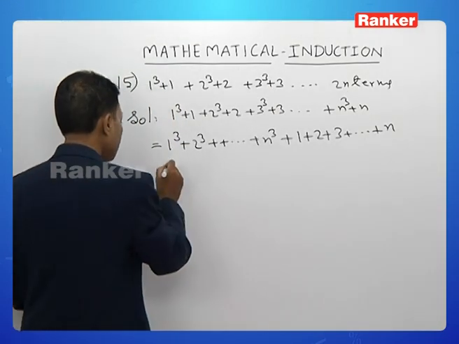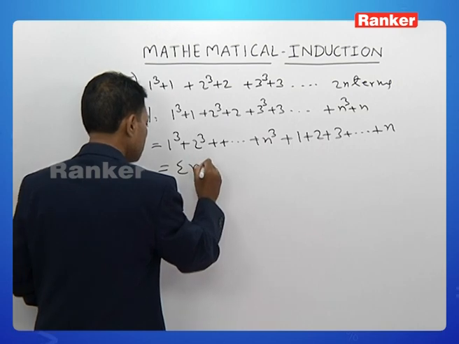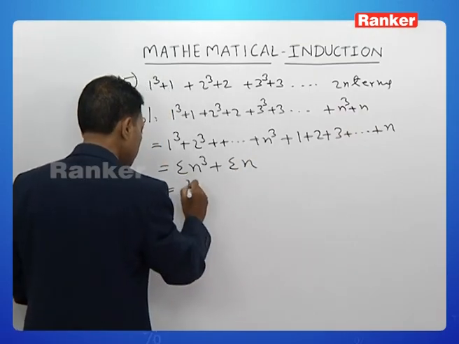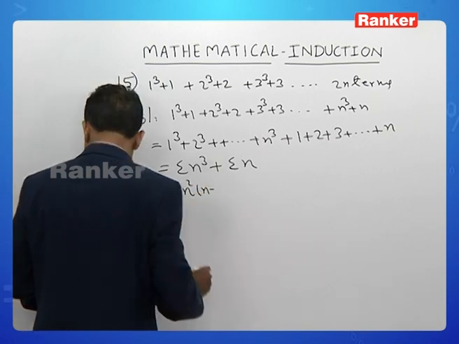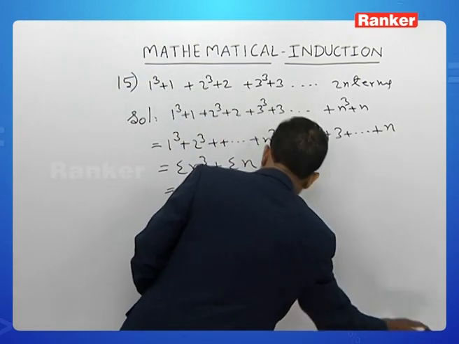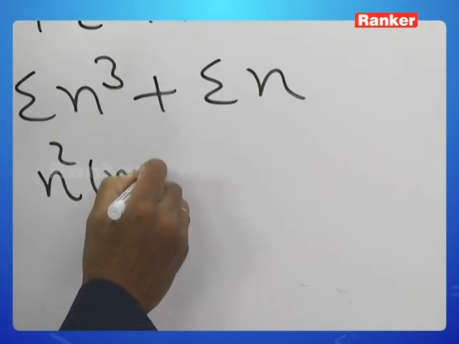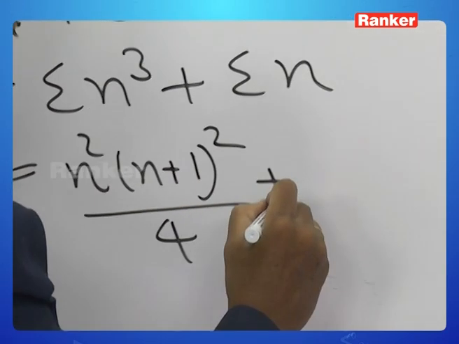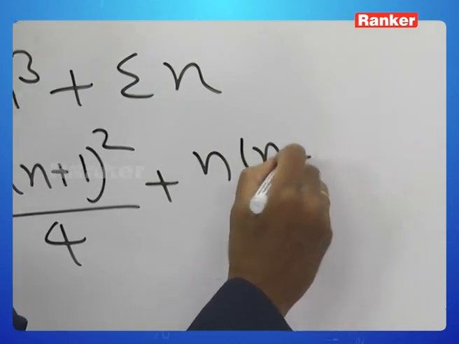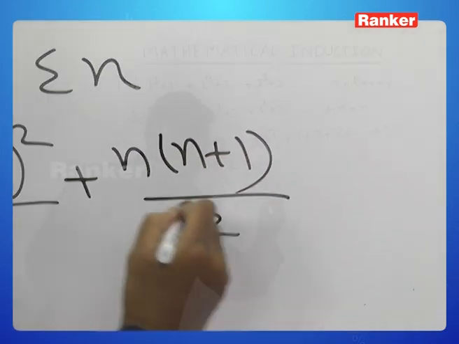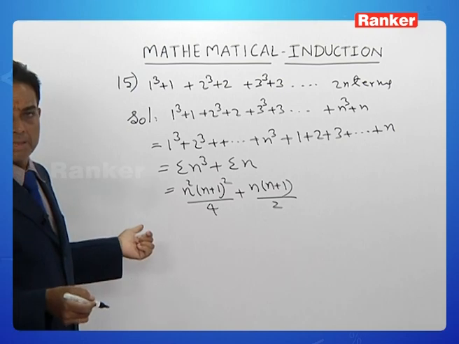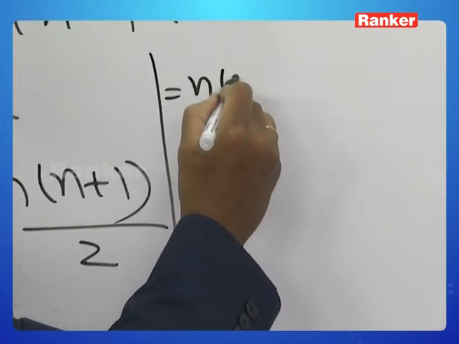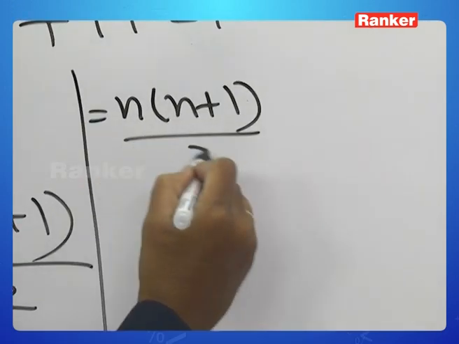Now sigma n cube plus sigma n square, sigma n cube is n square into n plus 1 whole square by 4, and of course sigma n is n into n plus 1. You can take as usual n into n plus 1 by 2 common.